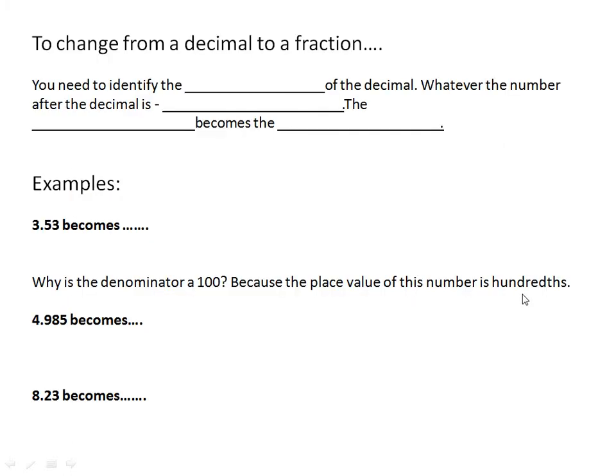All right. So to change from a decimal to a fraction, you need to identify the place value of the decimal. Whatever the number after the decimal is becomes the numerator.